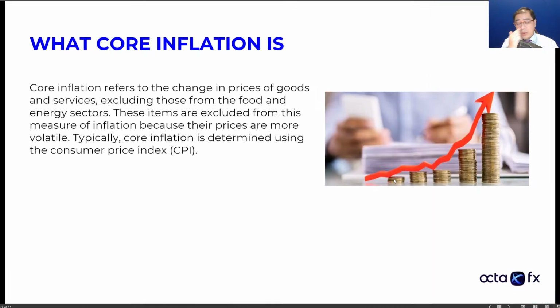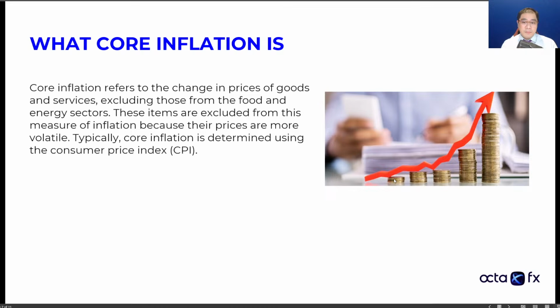So let's take a look at what core inflation is. Core inflation is basically looking at the CPI numbers, right? Looking at the inflation numbers, it basically refers to changes in prices of goods and services, excluding those from the food and energy sectors. Now, with the core CPI, there have been a few changes in recent times.